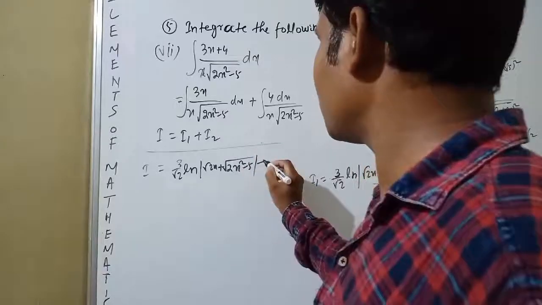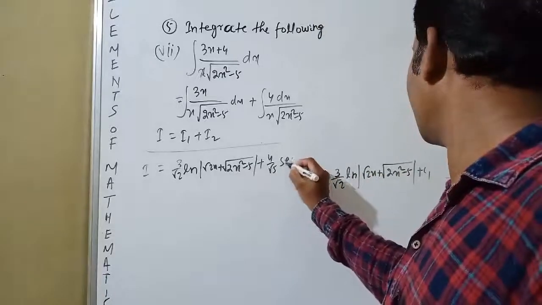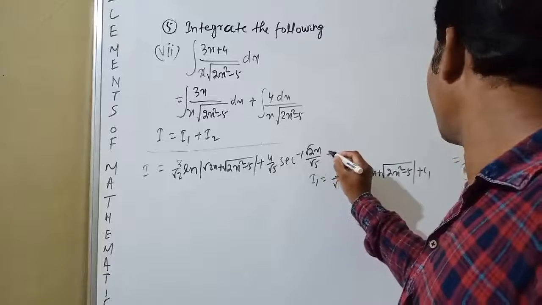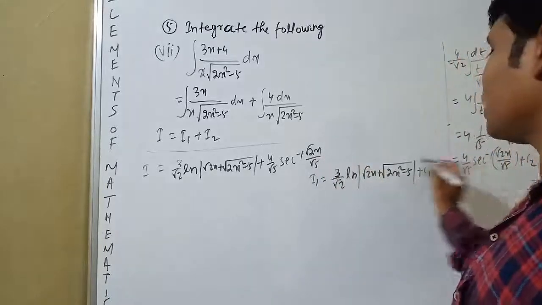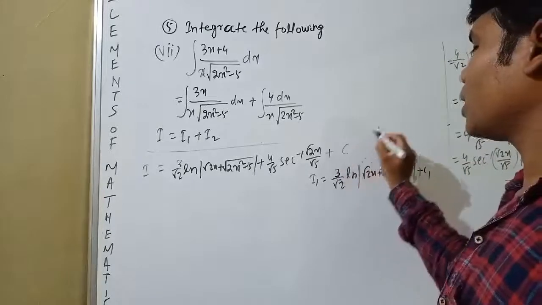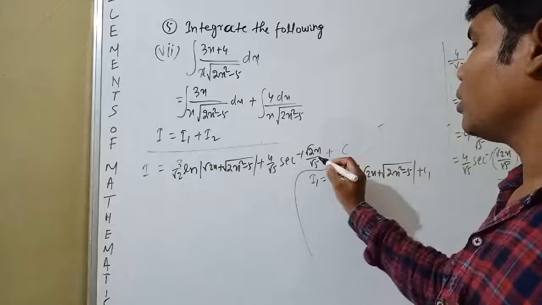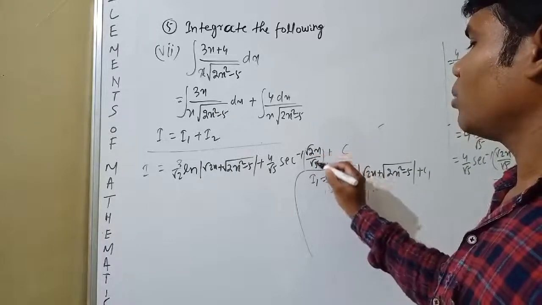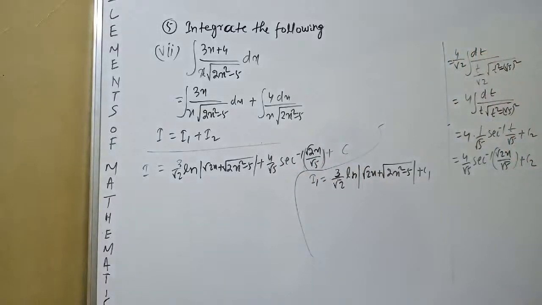Okay, plus I2 is equal to how much, 4 by root 5 sec inverse root 2x by root 5. You see c1 plus c2 is again a constant, so root 2x by root 5 plus c. Pause the video, note it down. This is your answer.